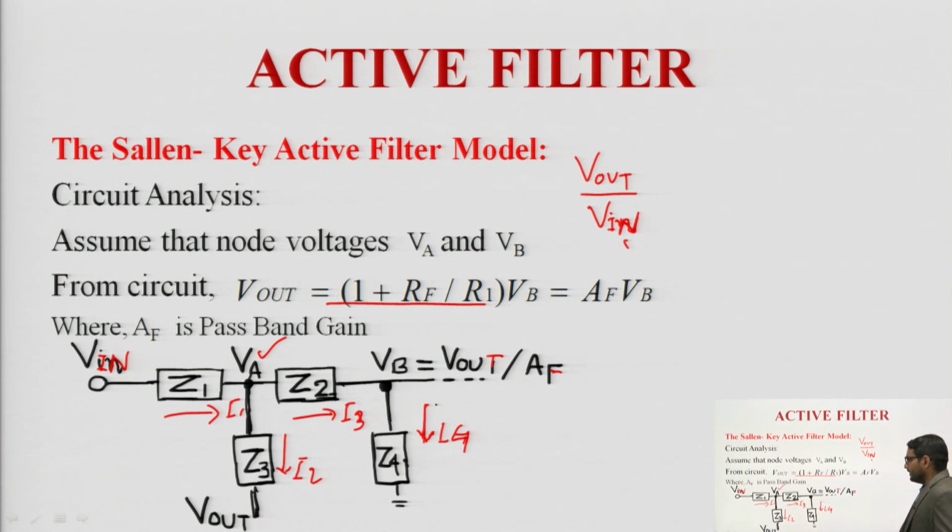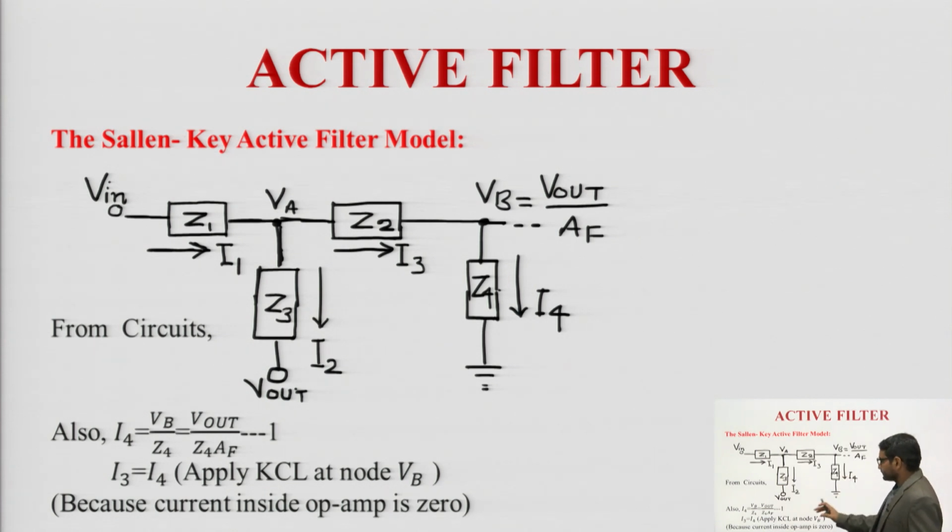First we apply KCL at the node VB. Then we get I4 equal to VB by Z4, which equals V out by Z4 AF. This is equation 1.